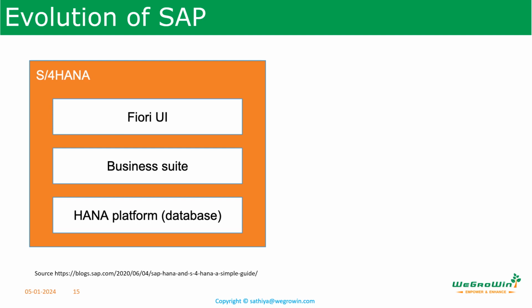Let us discuss one by one. HANA platform. Three key features allow the HANA platform to solve the problems ERP and business intelligence were facing. These are in-memory computing, columnar database management and data compression, and parallel processing.